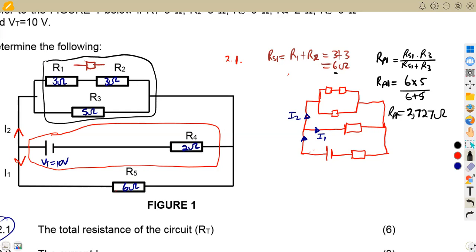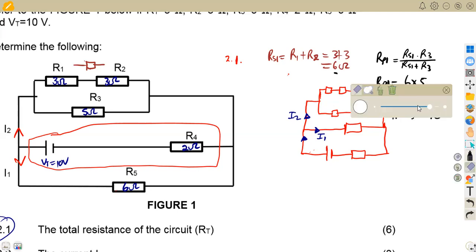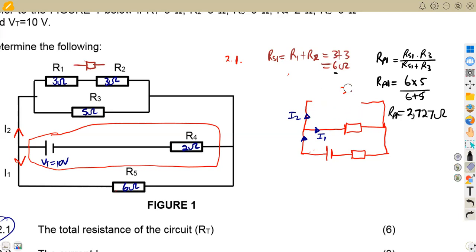So this is the part that I'm saying here, we combined this here. So we are now having a single resistor between these two because we combined this part. We combined everything along this connection.